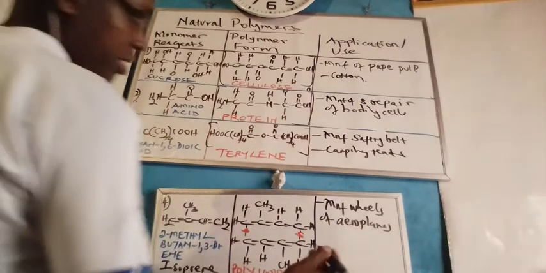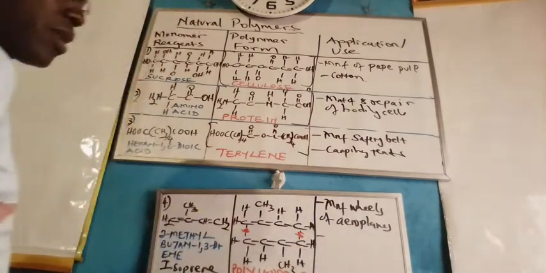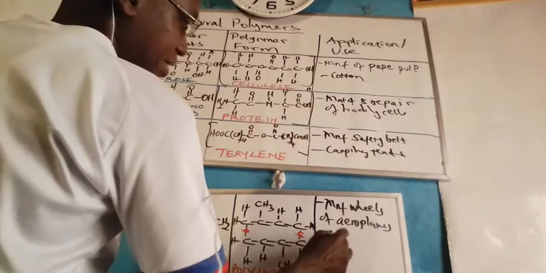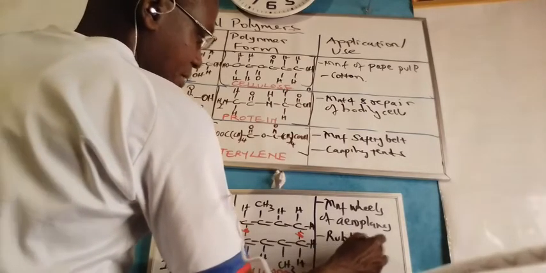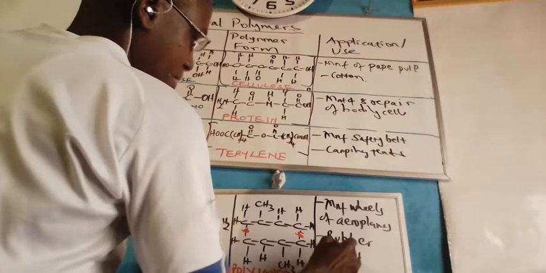We can also use it in the non-hardened form to manufacture all rubber substances. So rubber goods would be effectively manufactured from the polyisoprene.